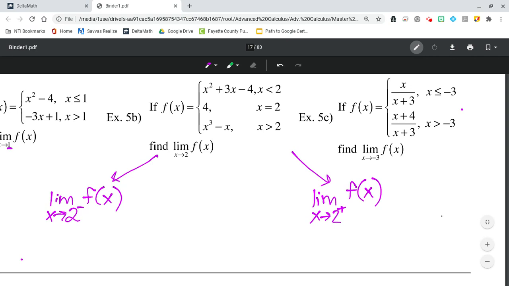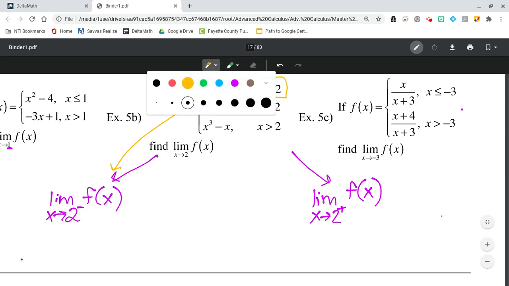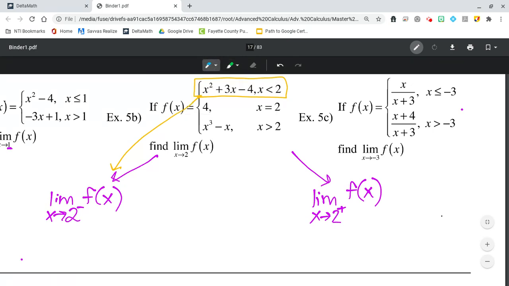So I go to the function, and I see the first line is x squared plus 3x minus 4 for all the x values that are less than 2. Well, the numbers that are less than 2 are to the left of 2. So I'm going to use that line to evaluate the left-hand limit. And then the third line is x cubed minus x for the x values that are greater than 2.